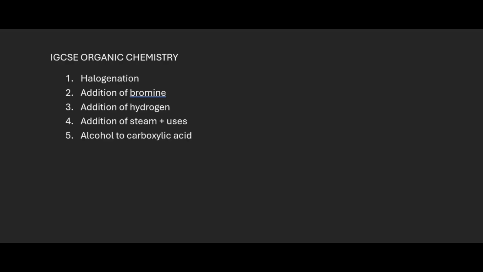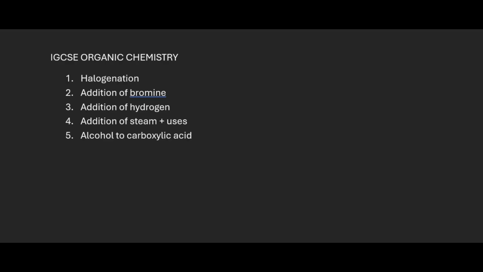We know that hydrogen is diatomic, so there'll be two more hydrogens, hence it'll give us the general formula of an alkane. Now there are certain conditions needed for this reaction, like a nickel catalyst, and there has to be heat present. For your syllabus, it should be 150 to 300 degrees Celsius.